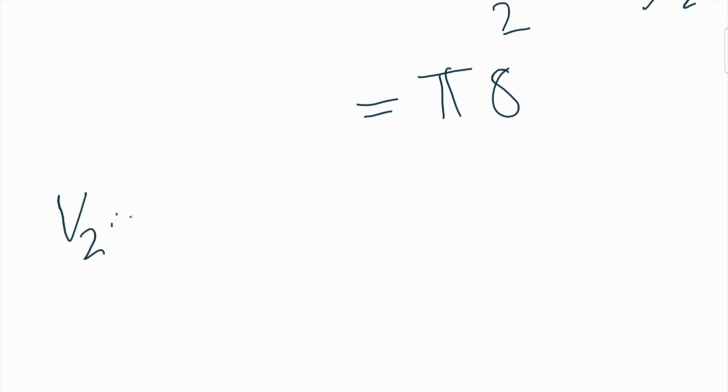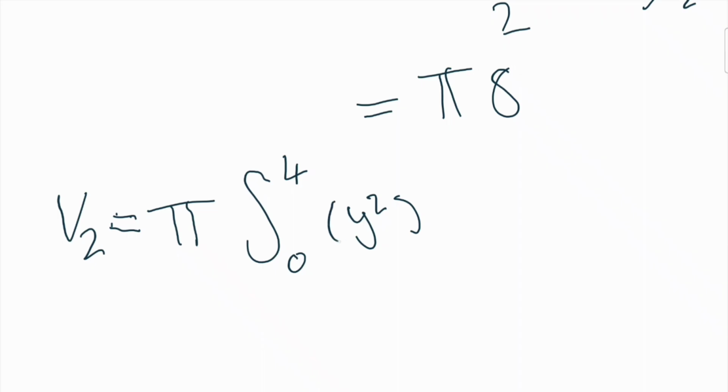Alright, so now this is going to equal, and let's plug the numbers in. Pi integral from a to b, a being 0, b being 4, of y squared, dy.